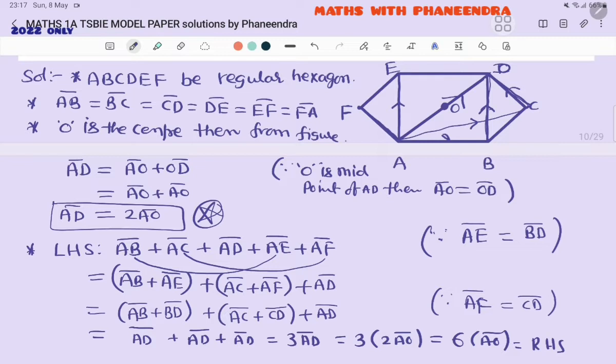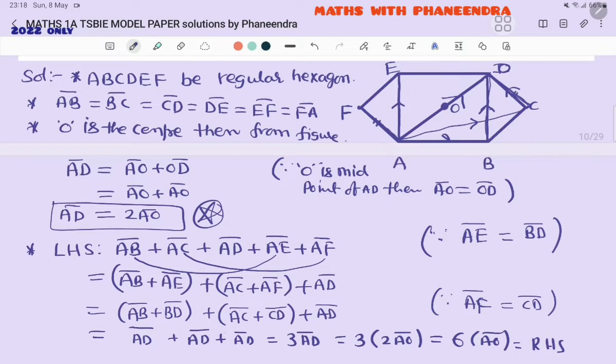So once again I'll repeat: AB plus AC plus AD plus AE plus AF. In that I am taking AB and AE, AC and AF, and AD separately. AB plus AE; AE is equal to BD from the figure, and AF is equal to CD from the figure. These sides are equal.